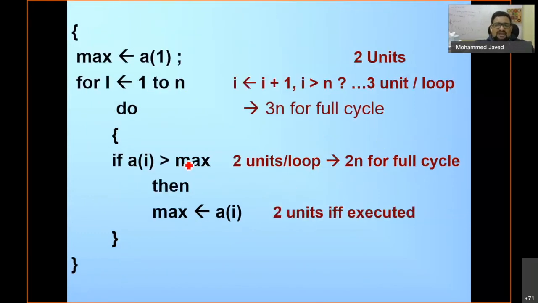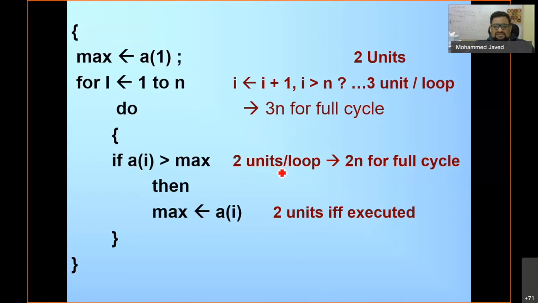Now let us do the time computation. Let us assume max equal to A of 1 takes 2 units of time, and for I equal to 1 to n takes 3 units, repeated, so 3n for the full cycle.